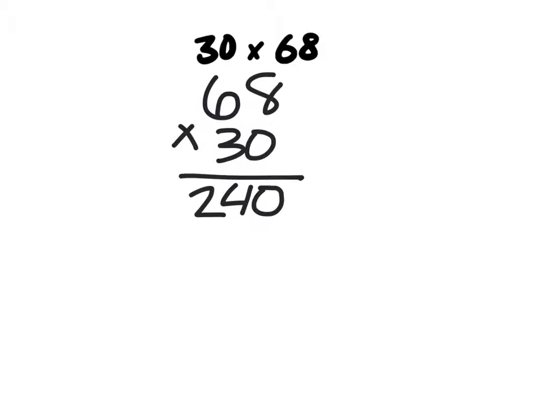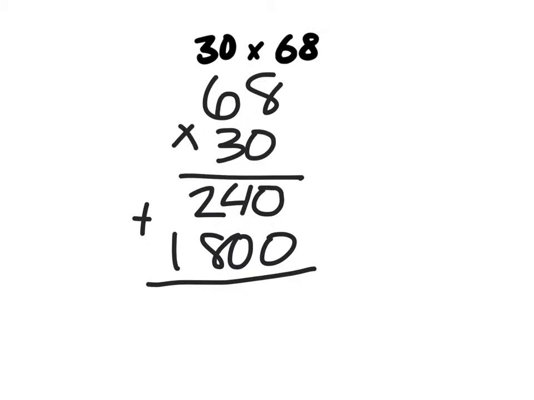And we know that this 6 right here times a 3 would give us 18. So 60 multiplied by 30 will give us 1,800.